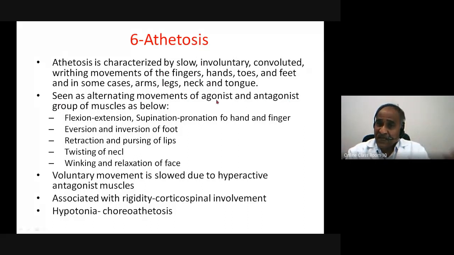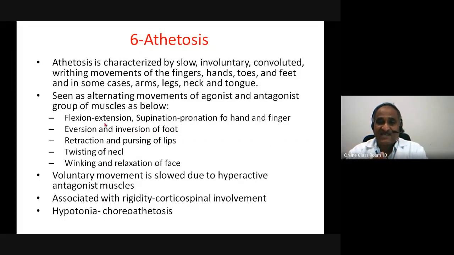These slow writhing motions are seen in alternating movements, that means with the agonist and antagonist group of muscles. They can be indicated by a flexion, extension, just like this, or a supination and pronation, or in a foot you can see the eversion and inversion, or lips retracting and pursing, twisting the neck, or winking.